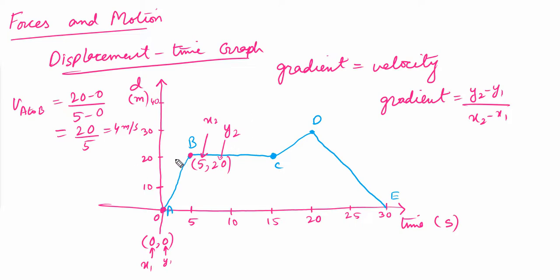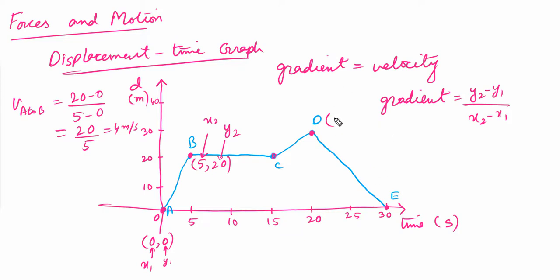Similarly, if I have to measure the velocity from B to C, I'll do the same working. From C to D I'll do the same working, and from D to E I'll do the same working. So let's find out the velocity from D to E. Now in this one, the coordinates of D will be considered as x1, y1, and the coordinates of E will be considered as x2, y2.